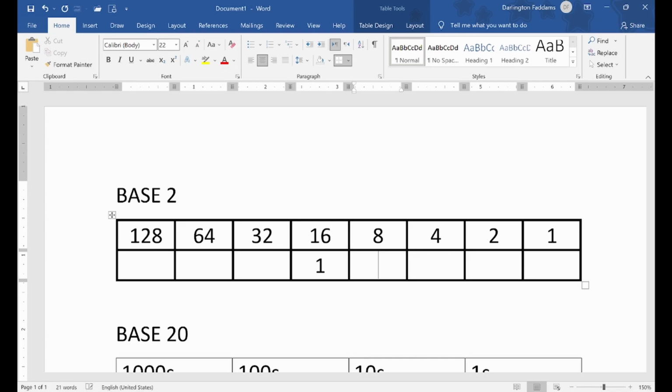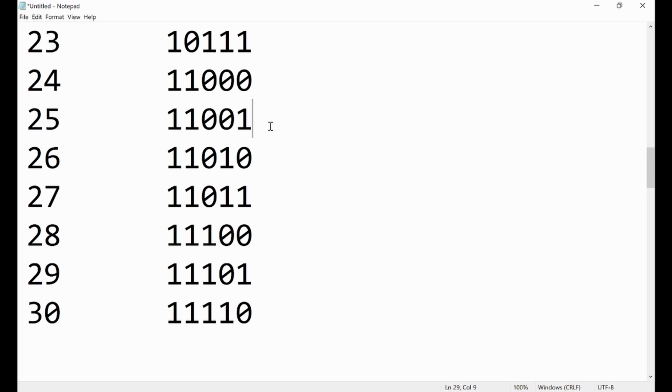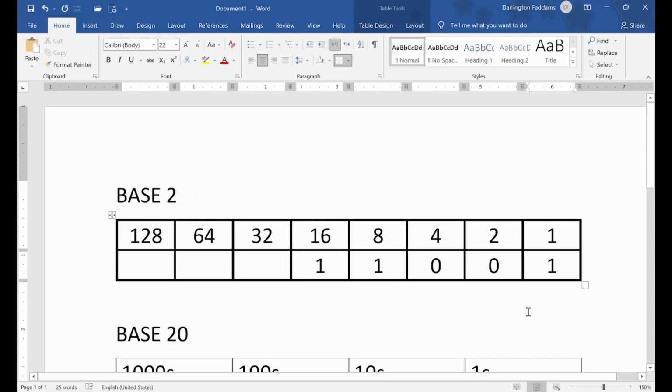So the answer is 11001. When we calculated 25, is that what we got? 11001. Okay, so you are right. This method, is it easy or is it difficult? It's easy. Okay, next person.